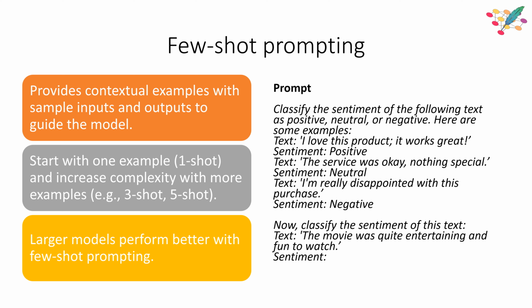This technique is particularly effective for larger models, which tend to perform better with a few examples. However, there are limitations. Few-shot prompting is not always effective for tasks that require complex reasoning. In such cases, even multiple examples may not fully guide the model to the desired outcome.